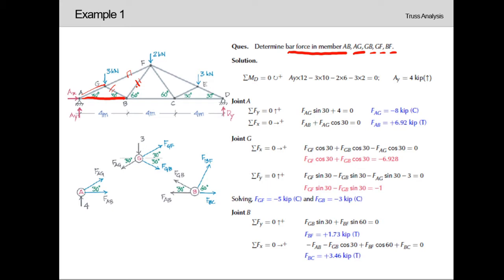There are mainly three steps in order to do a truss analysis using the joint method. We need to remember these three steps. Firstly, we need to determine the support reactions. Secondly, we need to draw the free body diagram of the joints, FBD of joints in short.